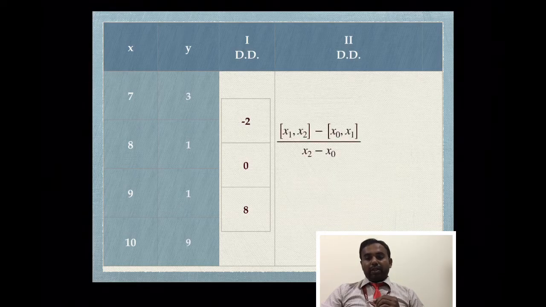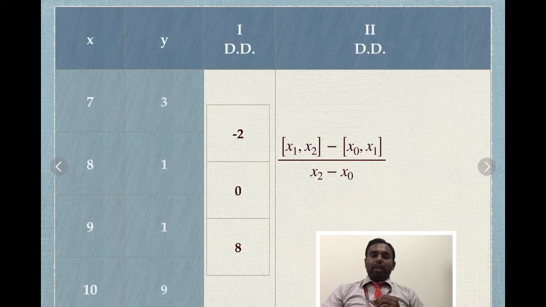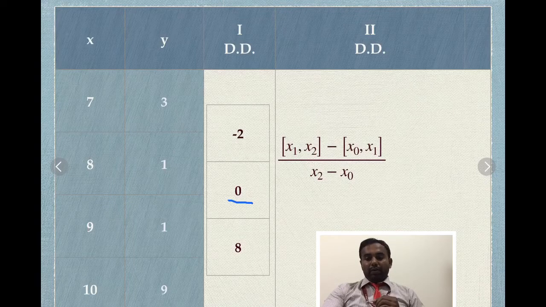So the second divided difference is given by x1 comma x2 minus x naught comma x1. Here x1 comma x2, the value is 0. Looking at the previous notations we made, we can make out that 0 is x1 comma x2 and minus 2 is x naught comma x1.